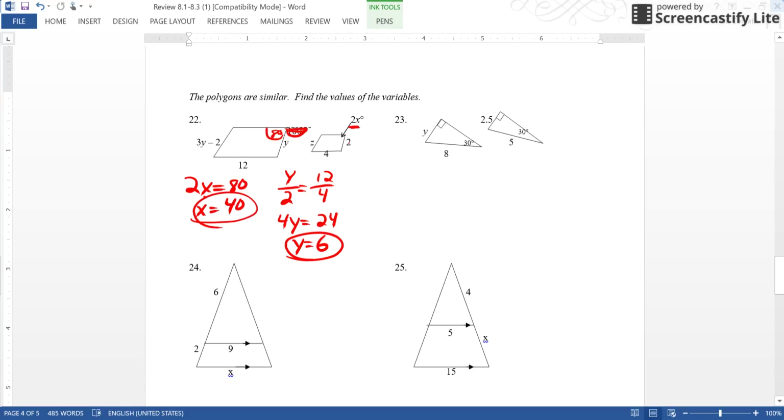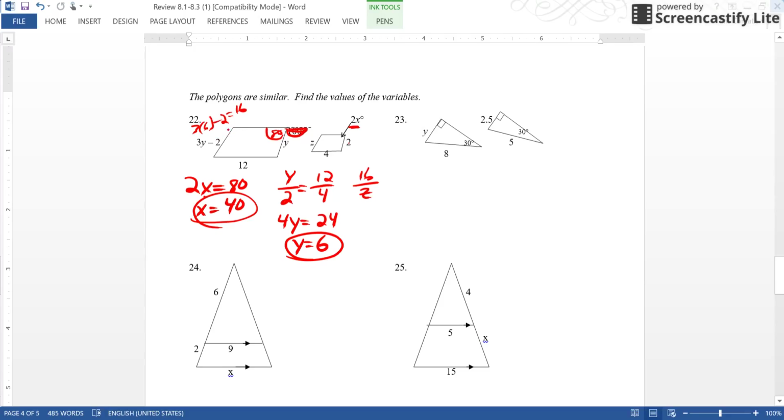Okay? And now I'm going to try and find z. So if I plug 6 in up here, I get 3 times 6 minus 2. 18 minus 2 is going to be 16. That side is 16. So I'm going to say 16 over z.